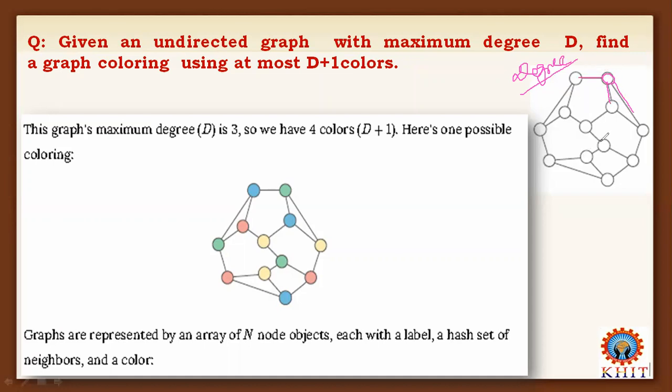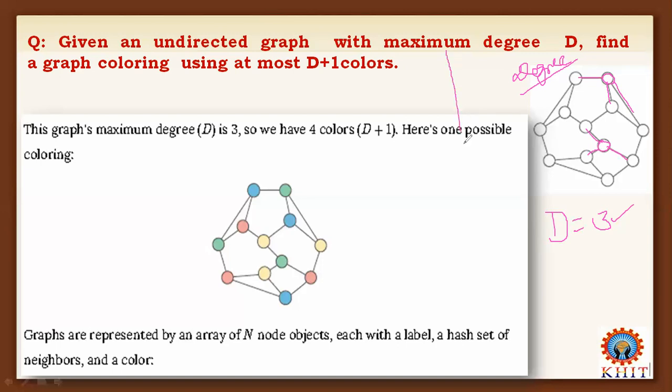If you consider any one of the vertices randomly, each vertex will have a degree of three. So the maximum degree d of the given graph is 3.